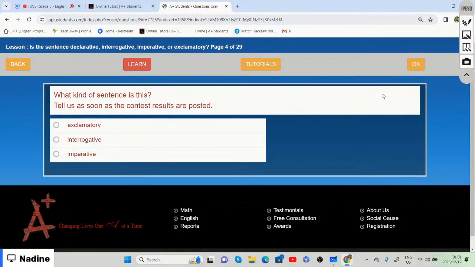All right. So it says, what kind of sentence is this? Tell us more as soon as the contest results are posted. Is that an exclamatory sentence?